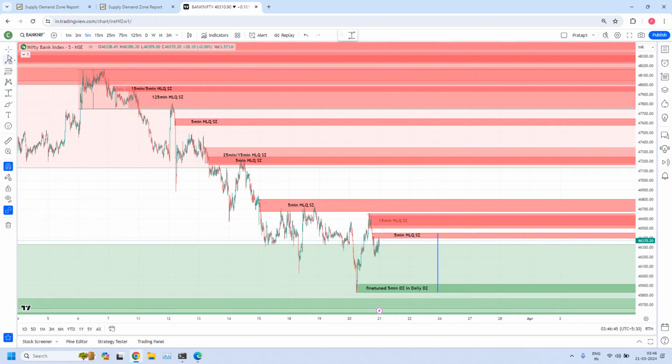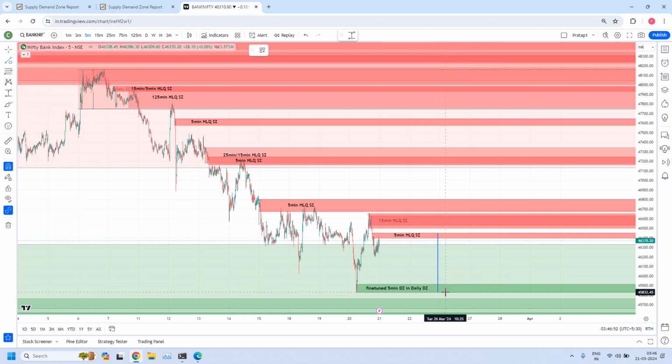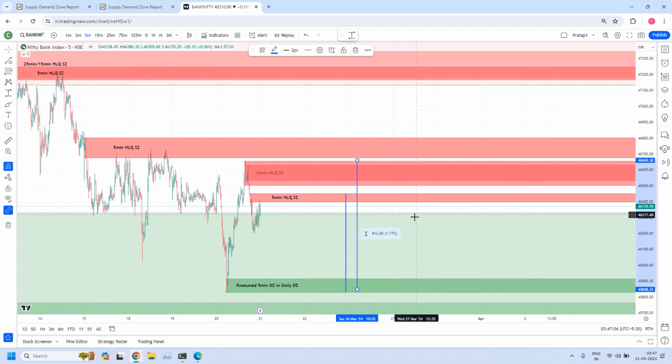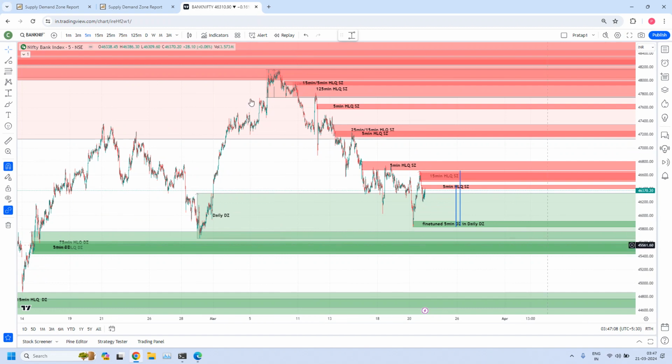Next range also valid for tomorrow. If this is violated, this could be the range. If the 5 minutes high liquidity zone violates, then only this will be the range. If this fine-tuned zone is violated, then what will be the range? This will be the range.